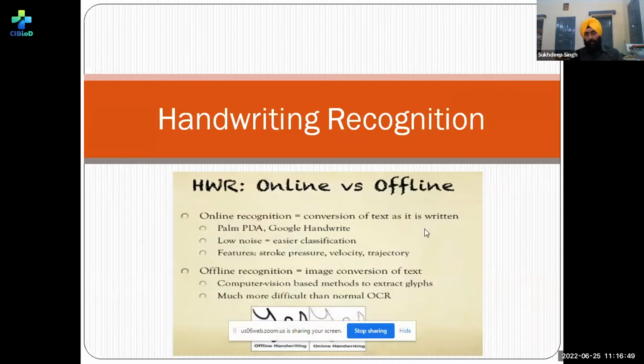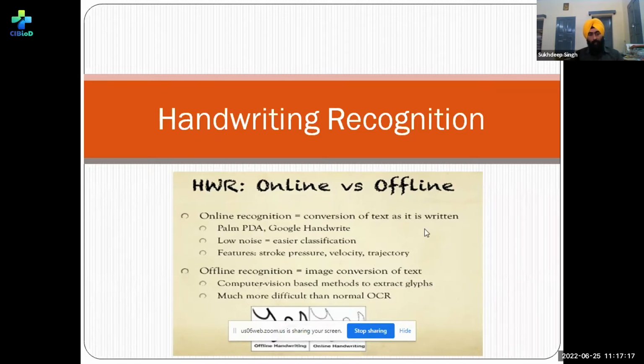Handwriting recognition can be categorized into two types: online handwriting recognition and offline handwriting recognition. In online handwriting recognition, we directly write on a digital surface. That can be a pen tablet surface, our laptop screen, our mobile, or any other digital device.